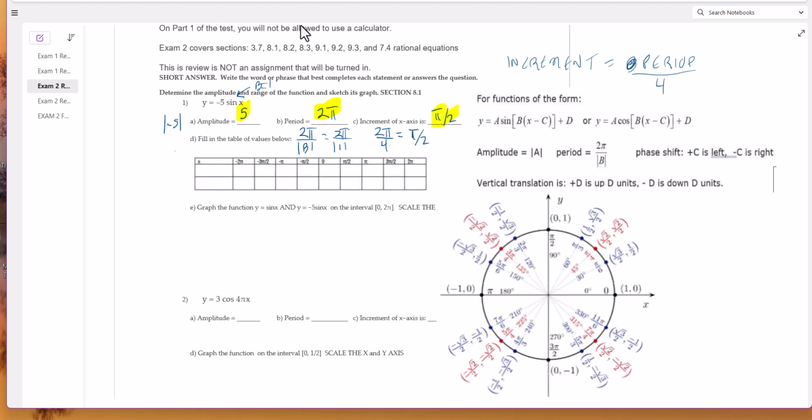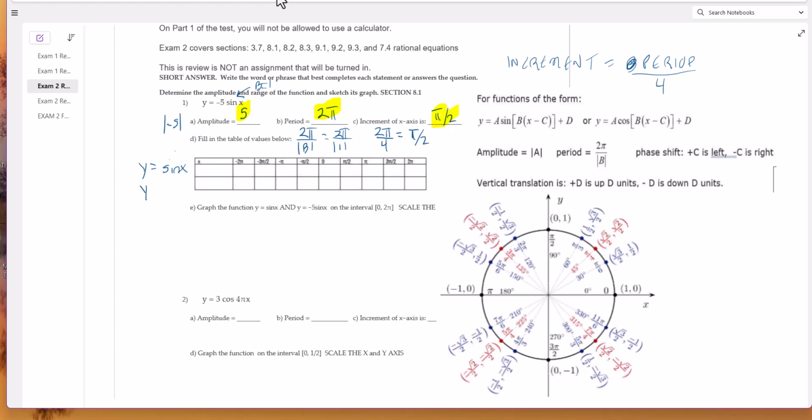Now for this problem, you're going to do a table of values. I generally will do that maybe one time on the test, just to make sure you know how to do that, but you really don't have to do a table of values to do any graph. For the first row, we're just going to do y equals sine x.